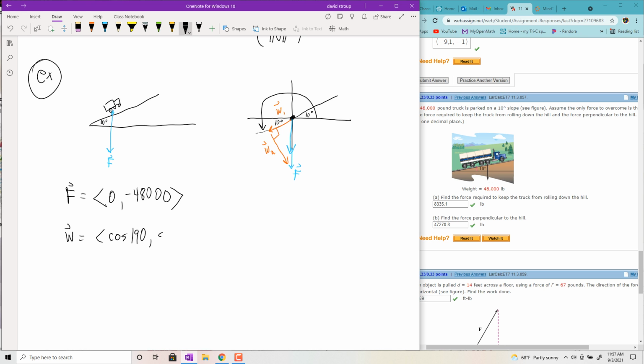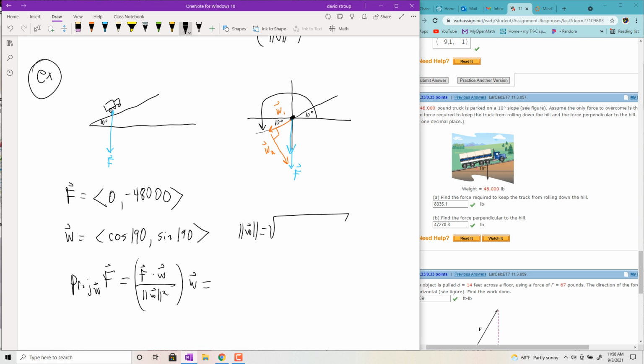Cosine 190, sine 190. So I want to find the projection of F onto this vector W. So it's F dot W all over the magnitude of W squared times, that would be your constant, and then times the vector, this would be your scalar times the vector W. That denominator is just 1, because W, the way I've done it, is a unit vector, right?